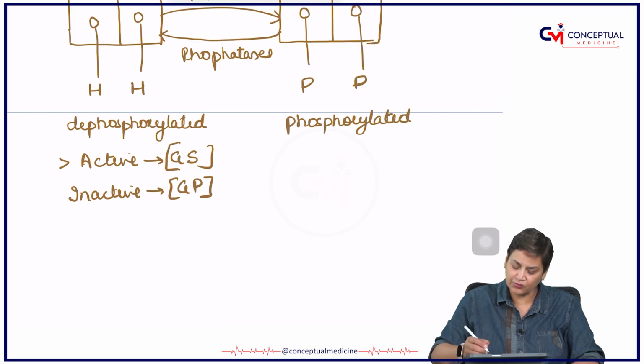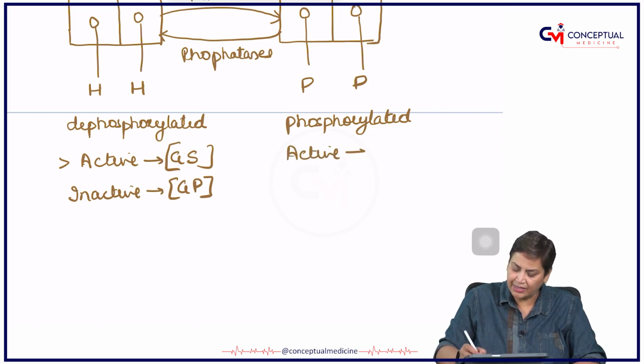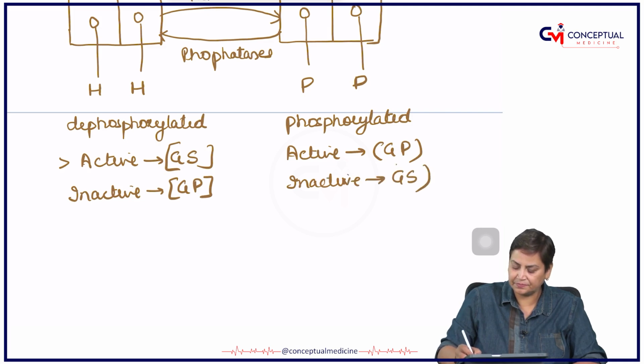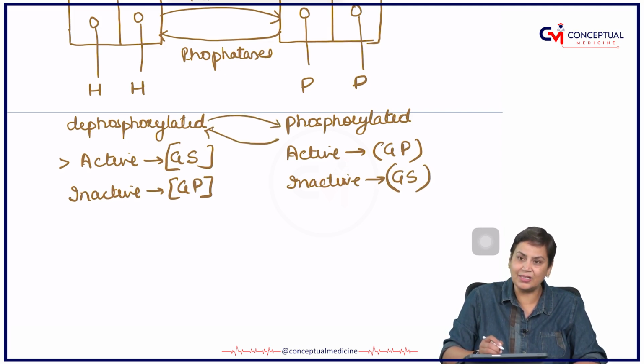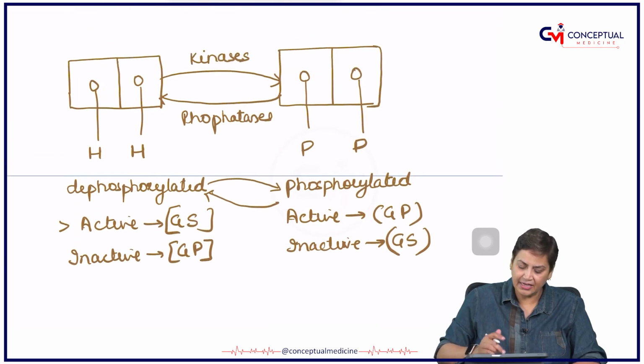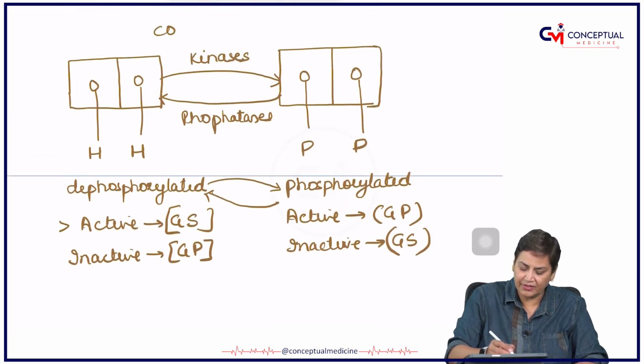On the other hand, in the phosphorylated form, the active form will be glycogen phosphorylase and the inactive form will be glycogen synthase. So I can simply say that going from dephosphorylated to phosphorylated and back is none other than covalent modification.